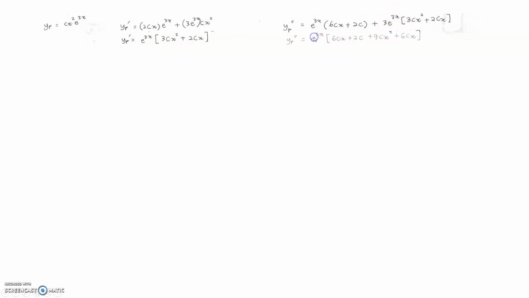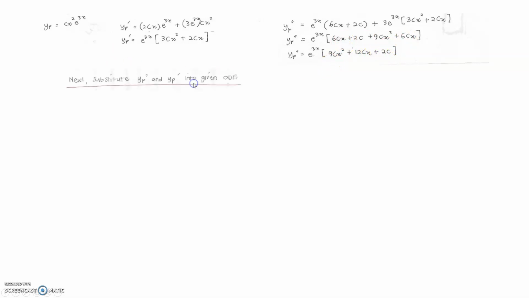Again, you can further simplify it by factorizing the exponential 3x to the outside. 6cx, 2c, and then 3 multiplied by 3, you get 9cx squared. 3 multiplied by 2cx, you get 6cx. From there, you simplify further: 9cx squared, and 6cx plus 6cx, you get 12cx, plus 2c.